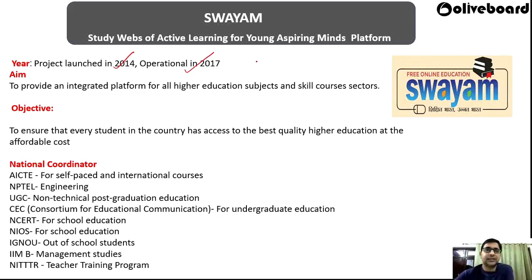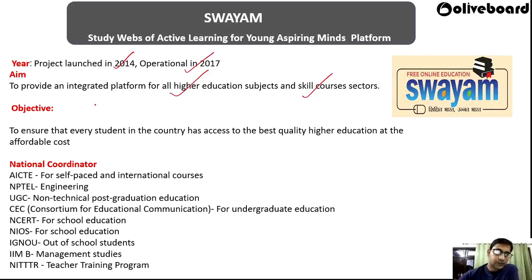The aim of this Swayam portal is to provide an integrated platform for all higher education subjects and skill courses. So on the Swayam portal, you will find all the higher education courses from IIT, IISc, and whatever the top institutions of our country are, free of cost.